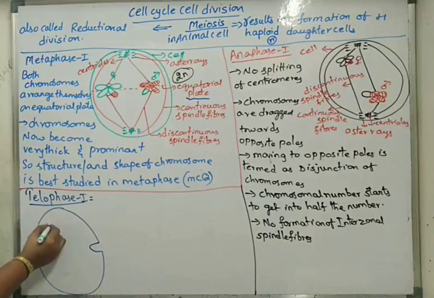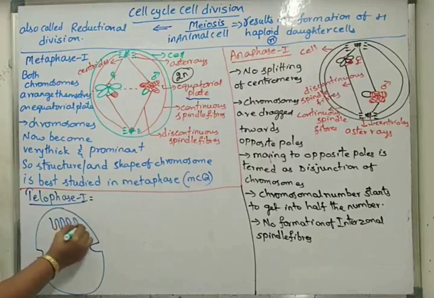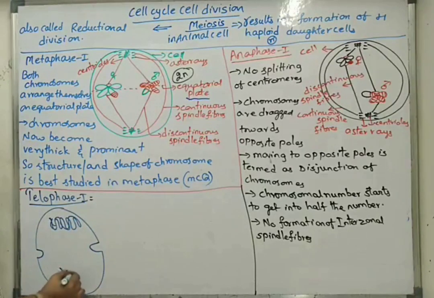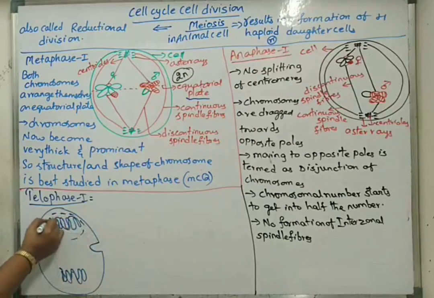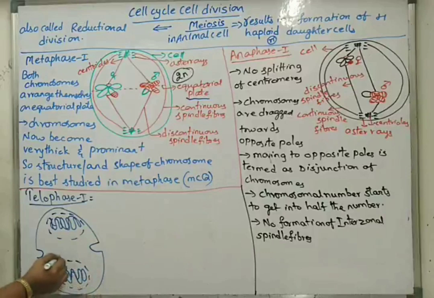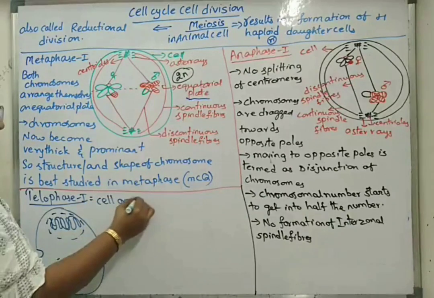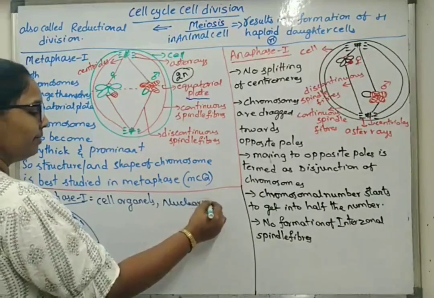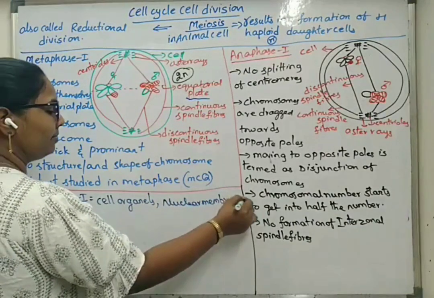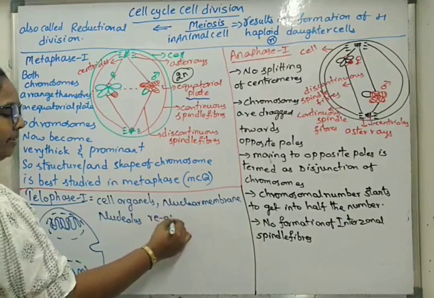So what are other changes happening? The chromosomes that have been moved to opposite poles, now they will be decondensed to chromatin. There will be formation of nuclear membranes, so that there will be formation of other cell organelles also. We'll write this point: cell organelles, nuclear membrane, nucleolus reappear.